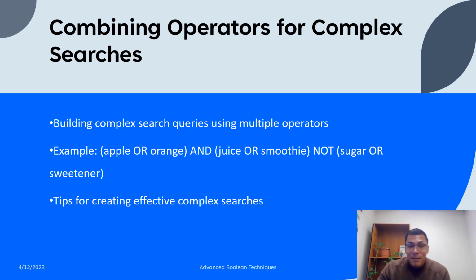Maybe you're diabetic. So for health reasons or your own personal reasons, this complex search query allows us to find more targeted information, such as healthy juice or smoothie options without added sugar. When creating complex search queries, it's essential to carefully consider the combination of operators and terms to ensure accurate results.